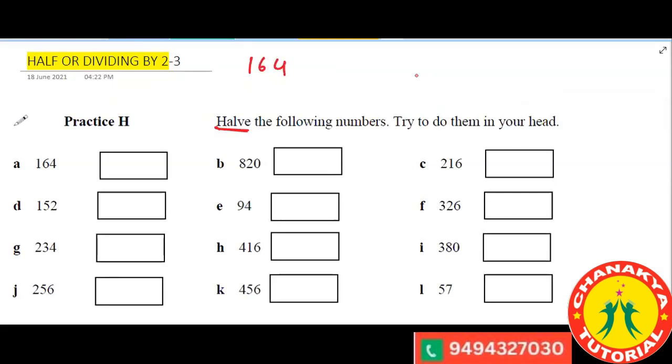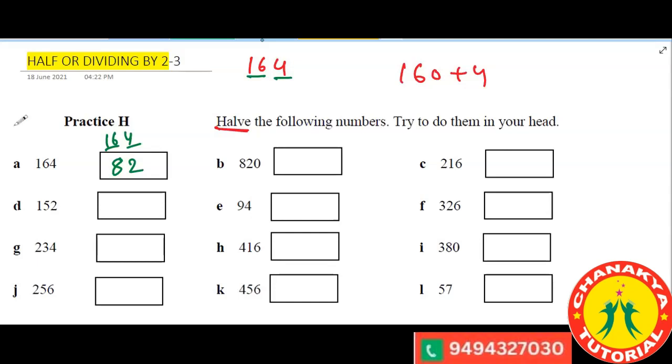Okay, but you can also take 160 and 4, if you know it directly. Otherwise, it is okay. Or else, if you consider 16 is an even number and 4 is an even number, simply take half of 16 and half of 4. That's 82.